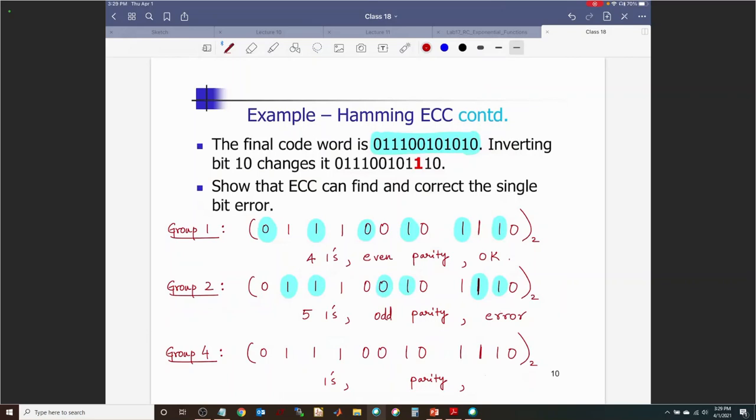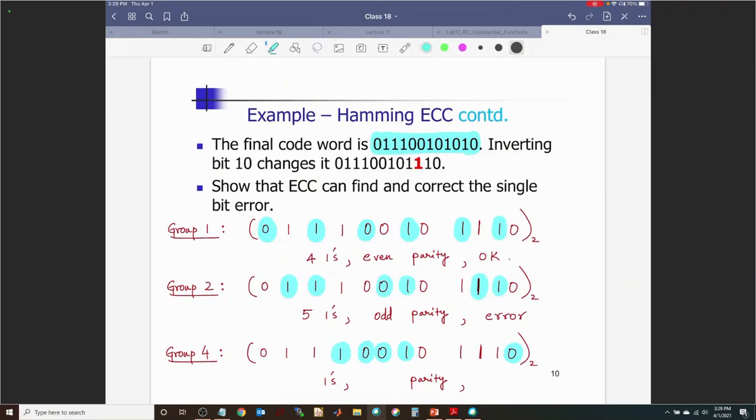Now let's highlight the positions for group 4. It's going to be 1, 2, 3, 4, 5, 6, 7, and then leave 4, 1, 2, 3, 4, and then that. I hope you guys can relate to filling out a truth table with this approach. This is the least significant bit, and then the next two least significant bits. That's exactly what we are following here.